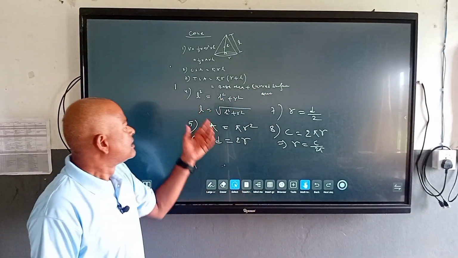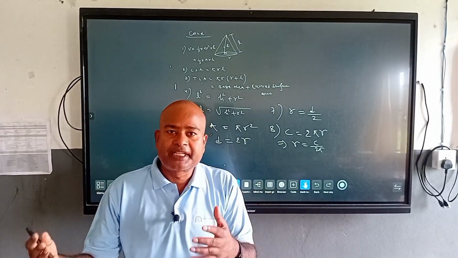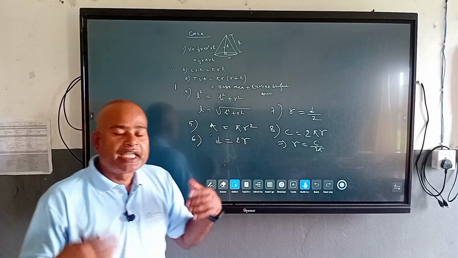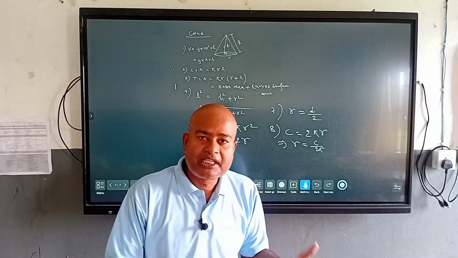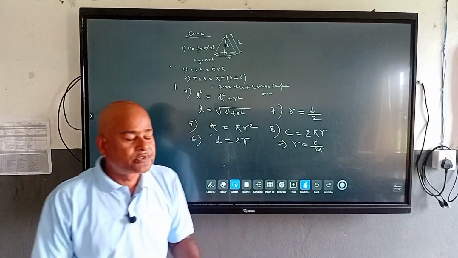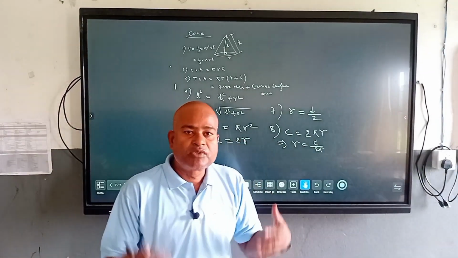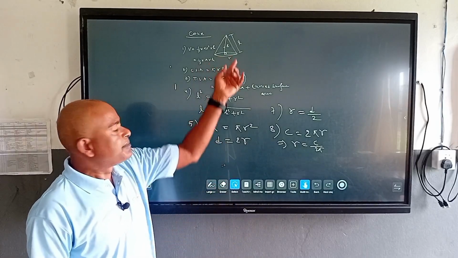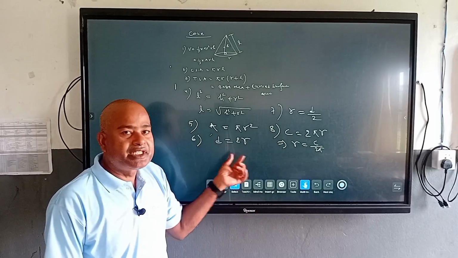The relation between slant height, that means L, vertical height h, and the radius of the base r is given by the formula L square is equal to h square plus r square, or we can write L equals square root of h square plus r square. The area of the base is equal to pi r square, which is the area of a circle. The diameter of the base of a cone is given by the formula D is equal to 2r.